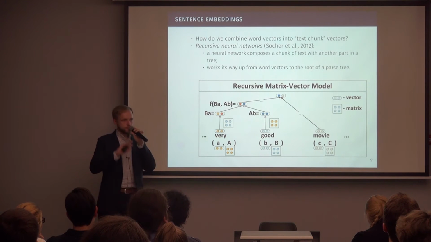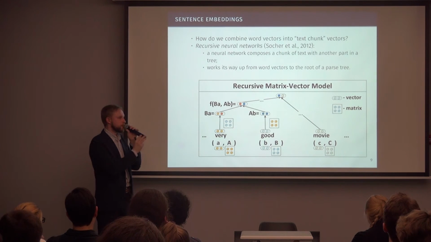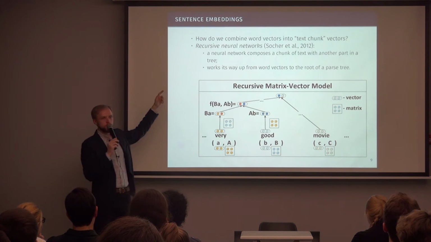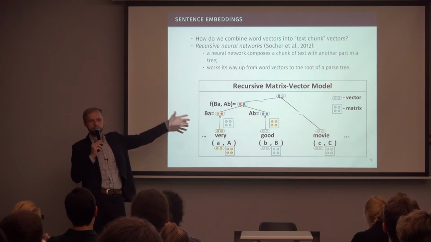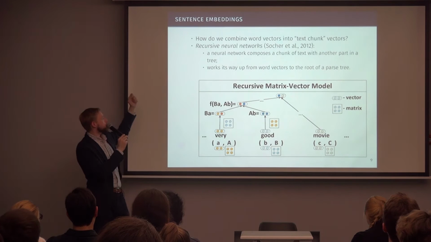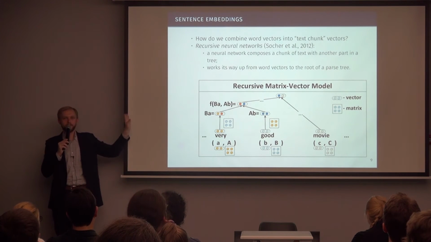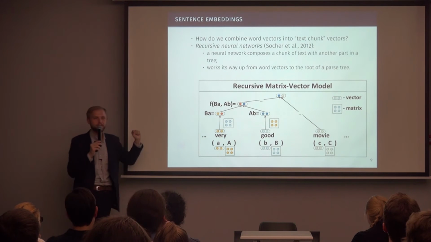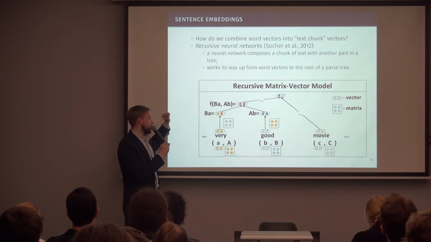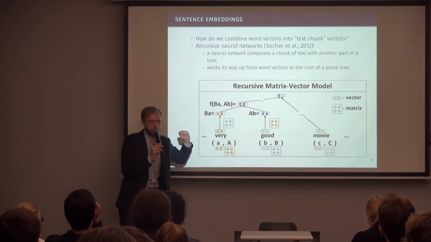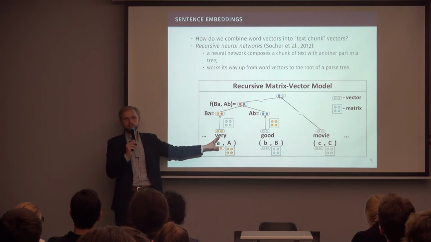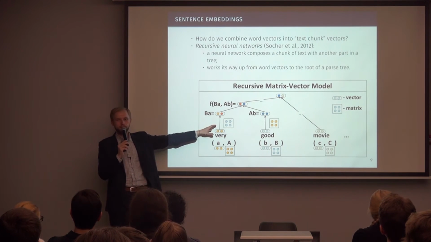Okay, next idea. The next idea of how to combine individual word vectors into text chunk vectors is called recursive neural nets. So this is not the same as recurrent, although the words are kind of similar. And the idea here is as follows. Suppose that together with a sentence, we are given a parse tree.